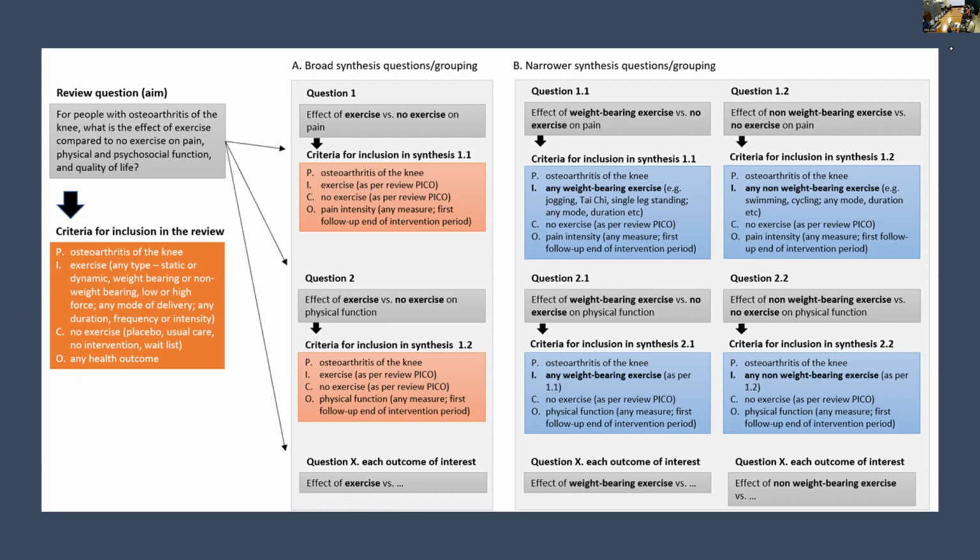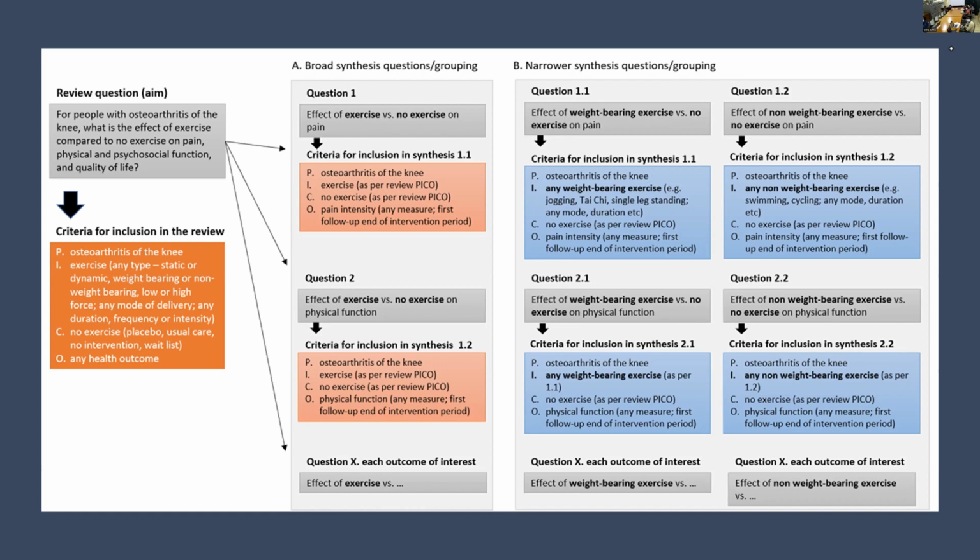And so on for your outcome. In fact, even this weight bearing exercise can be split into jogging, tai chi, single leg standing. So as you can see, this is the main review PICO. And under this umbrella, you can make multiple small PICOs addressing each of your synthesis questions. So this is the broader one, and this is the narrow one.